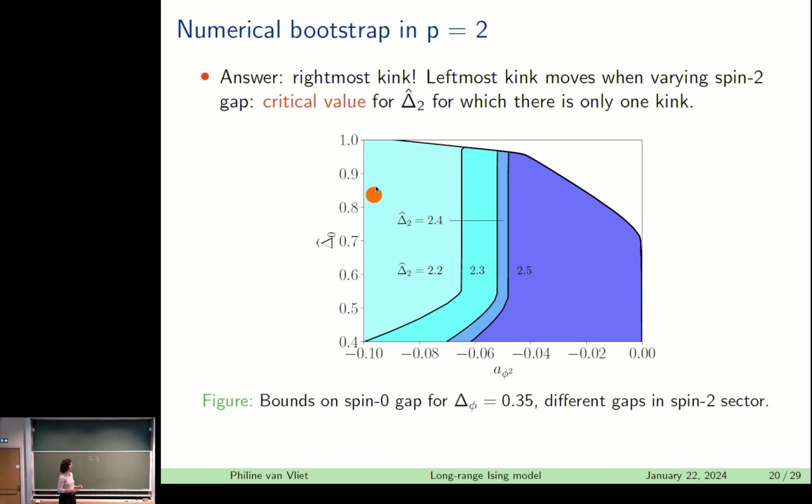And we have varied the gap for different values of delta 2. And what we see is that the leftmost kink is actually moving as we vary this gap. So this indicates that the long-range Ising model corresponds to the rightmost kink, while the leftmost kink should be something else. And this also says that there is some critical value for the spin-2 gap, for which these two kinks eventually will coincide, and there's only one left.